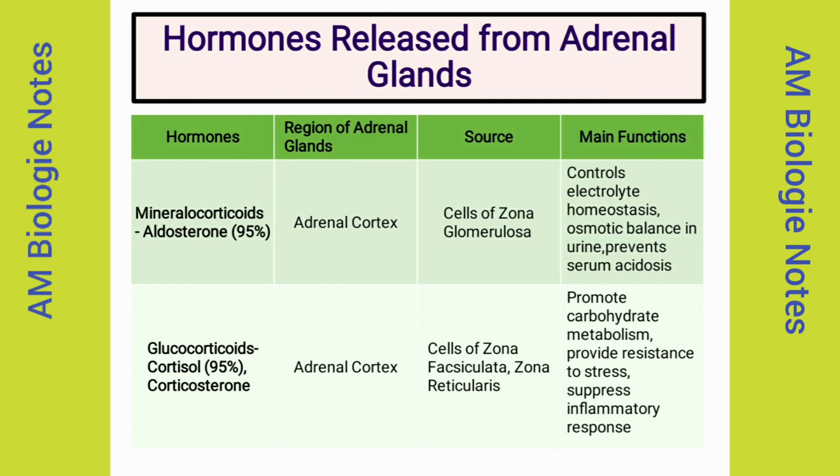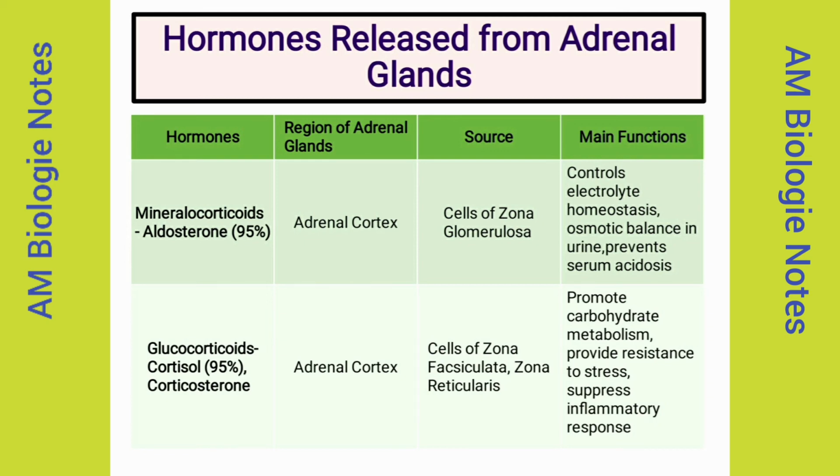Mineralocorticoids include mainly aldosterone. It is secreted from the parenchymal cells of the zona glomerulosa. This hormone controls electrolyte homeostasis, maintains the osmotic balance in the urine, prevents serum acidosis, etc. Glucocorticoids include mainly cortisol and corticosterone.